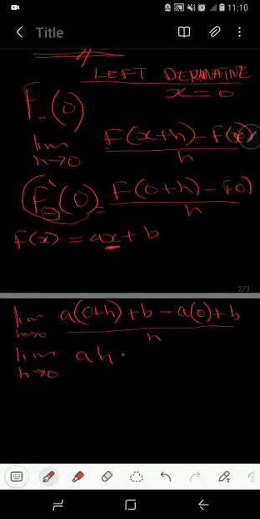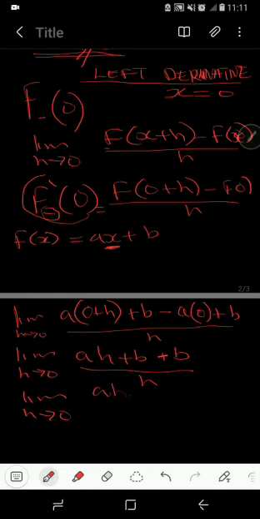That will be ah plus b, plus b, that's ab plus b, like this, over h. So limit as h approaches 0, you have ah plus 2b over h.